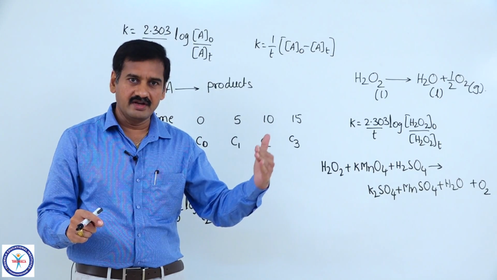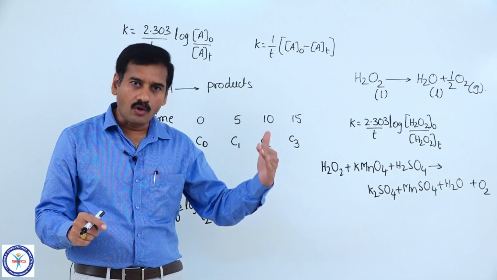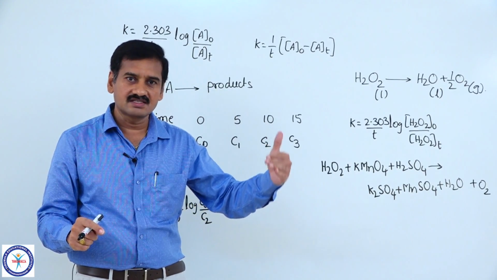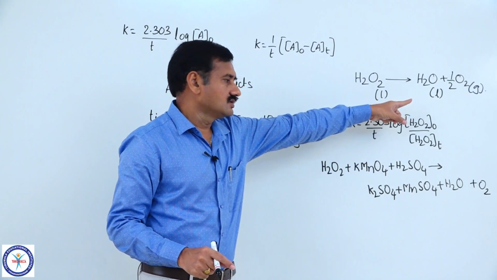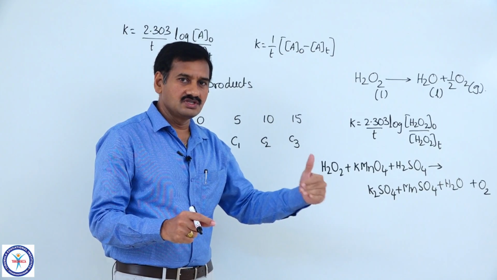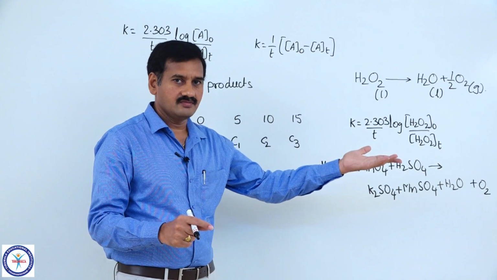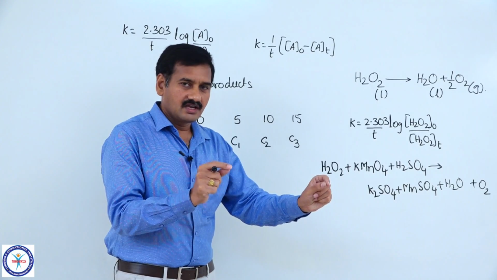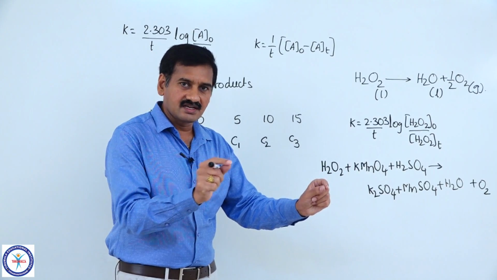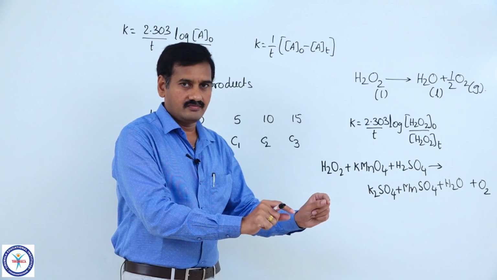So up to the 5-minute time interval, you are allowing hydrogen peroxide to undergo self dissociation like this. On its own H2O2 is dissociating in presence of sunlight. So from 0 minute to 5-minute time interval, tell me, is there any decrease in concentration of hydrogen peroxide or not?